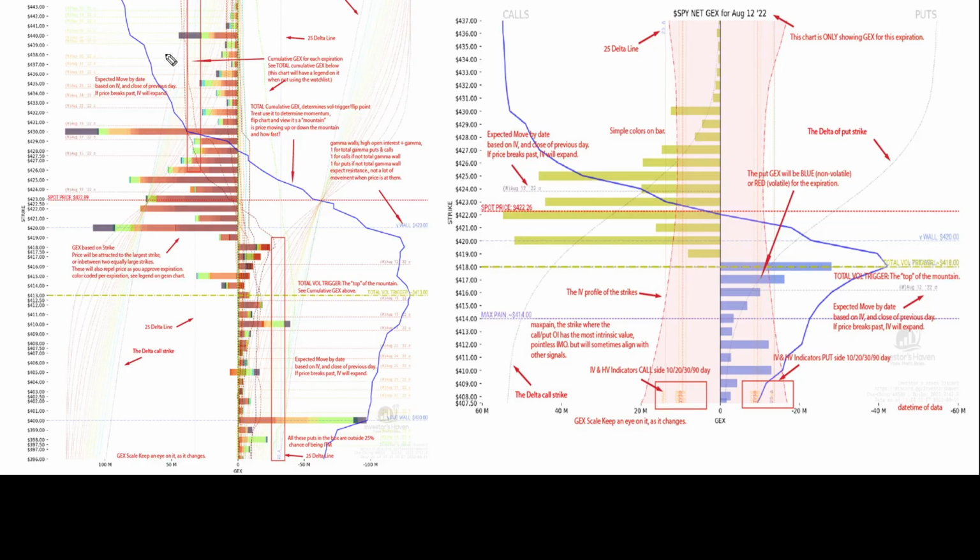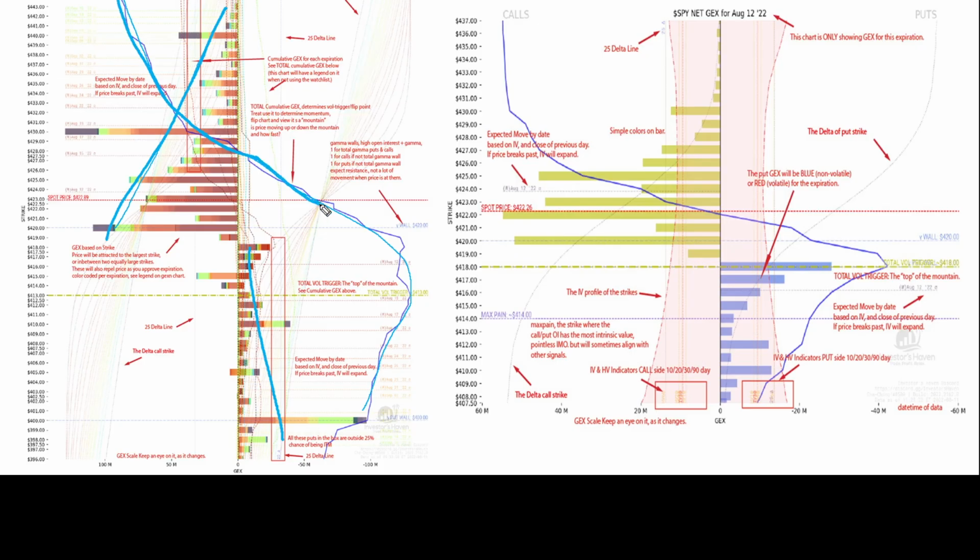Let me speak about what this line means. This line is the total volatility trigger. What happens when the net gets positive? It makes the calculation, the difference between positive gamma and negative gamma, a continuous net difference.